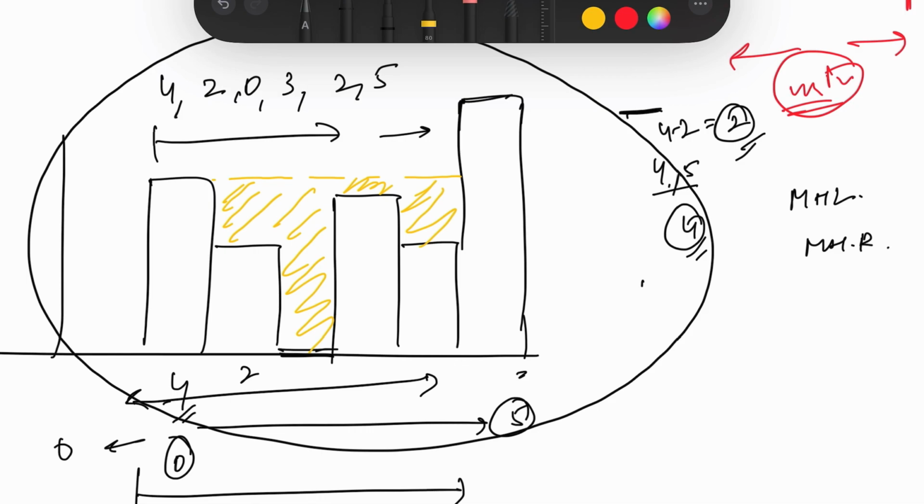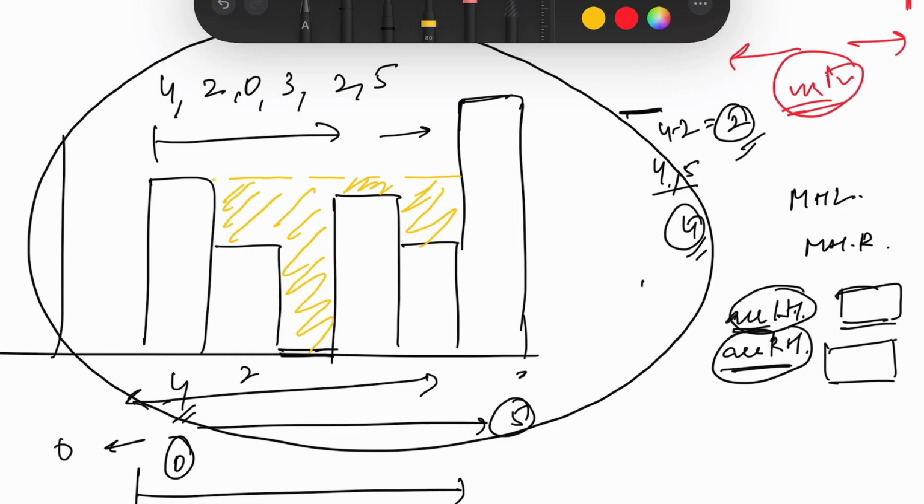Okay, but let's say I take an array of left height and an array of right height. So this array is going to store the maximum height on the left side, and this array is going to store the maximum height on the right side. So how do we calculate these two arrays?